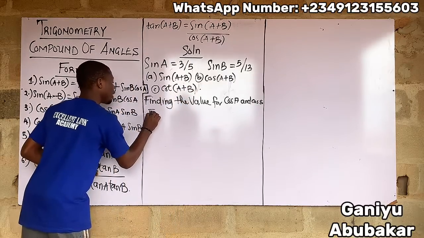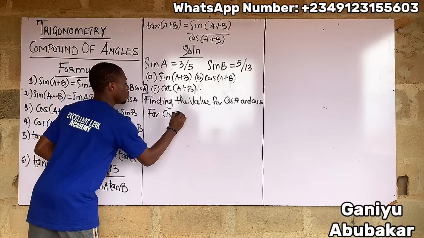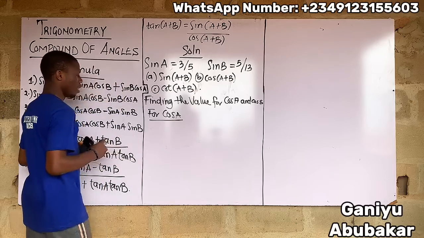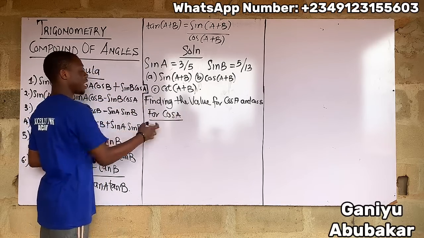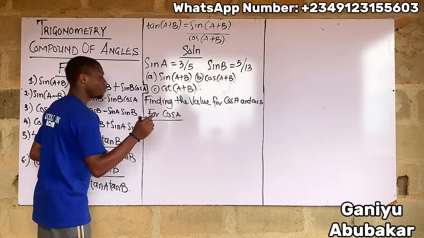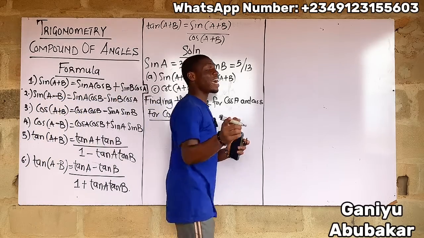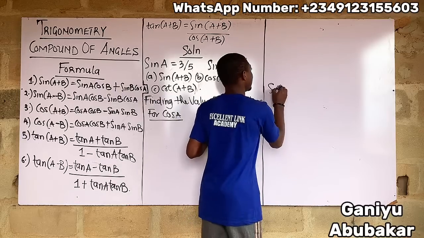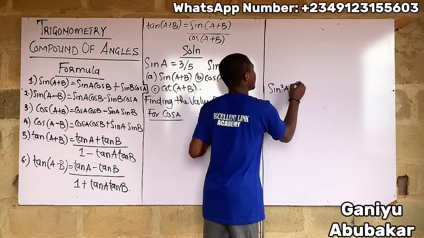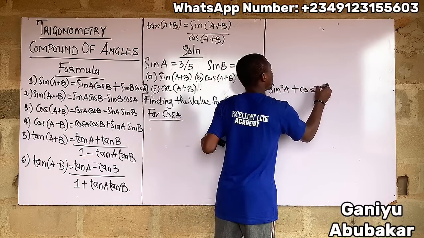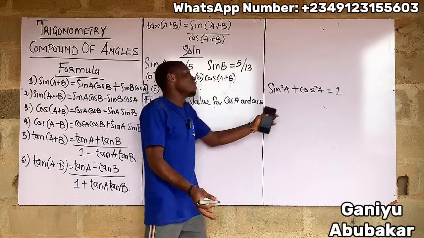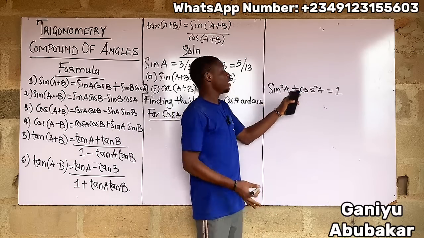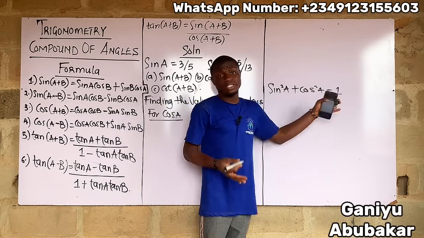Let's start with cos A. I'll compare cos A with sine A because they are the same angle. From the trig identity, we know that sine squared A plus cos squared A is equal to 1. Or if you want to start with cos squared A plus sine squared A is equal to 1, the same thing, please.